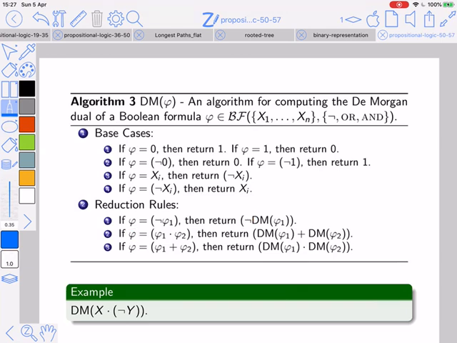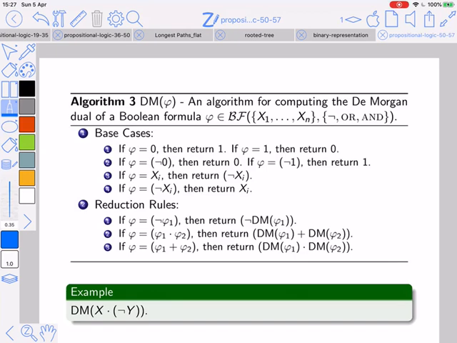If phi is phi 1 and phi 2, we compute the De Morgan dual of phi 1, De Morgan dual of phi 2, and put an or between them. So an and became an or. And here, if phi is the or of phi 1 and phi 2, we replace the or by an and and apply the De Morgan dual recursively to the subformulas phi 1 and phi 2.